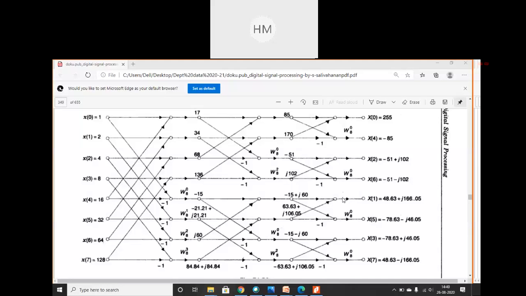Next step to perform. Next answers are okay. G3, G2, is this Charu ka?